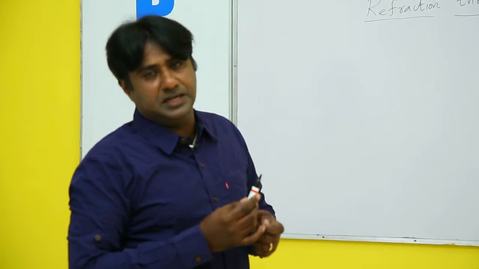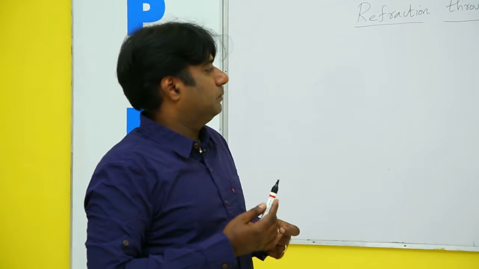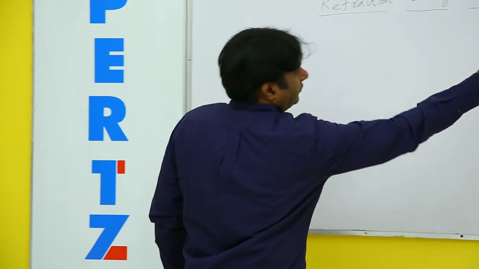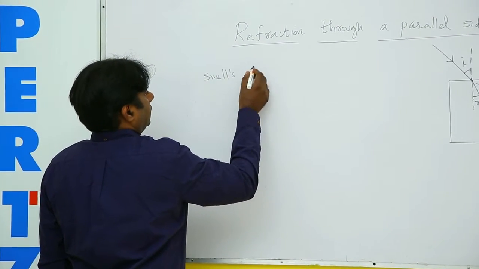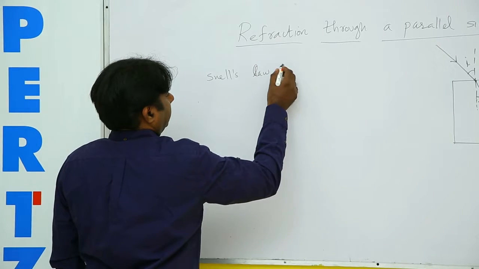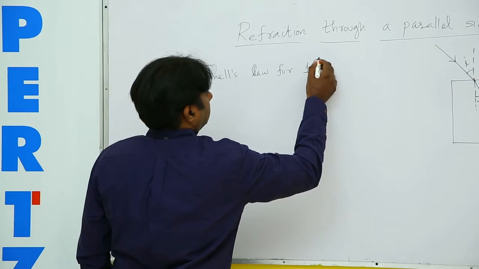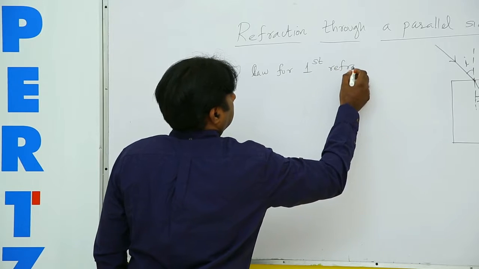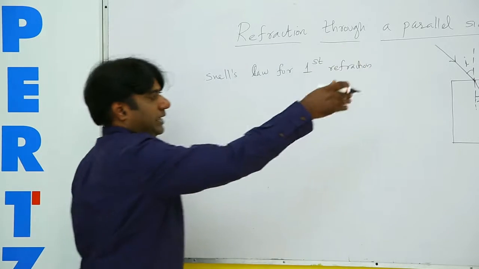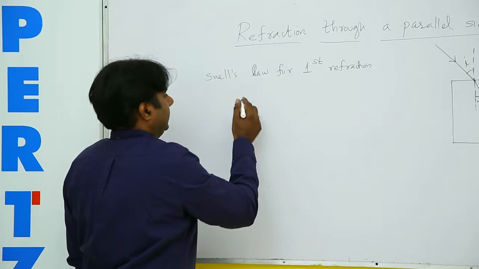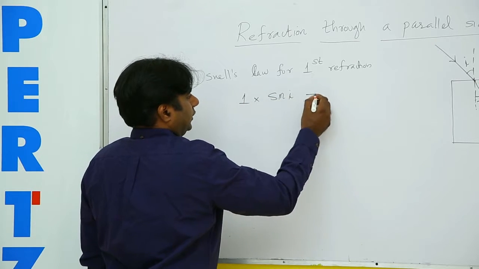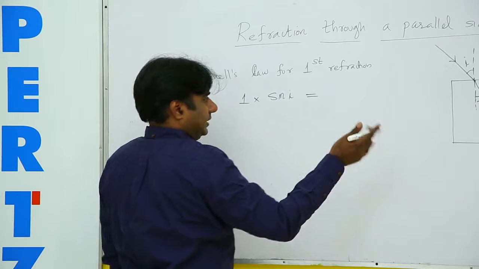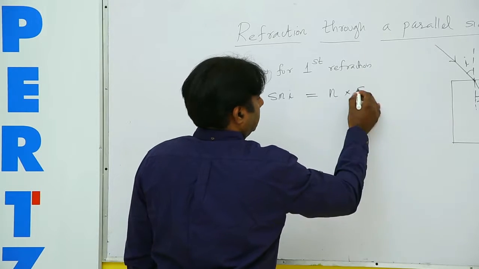Now we shall see the relation connecting i and e. For that we will apply Snell's law at the two interfaces. Using Snell's law for the first refraction, it is coming from air going into another medium, so I can write refractive index of air 1 into sine of angle there, sine i, equal to refractive index of the medium where it enters, n into sine of angle there, sine r.